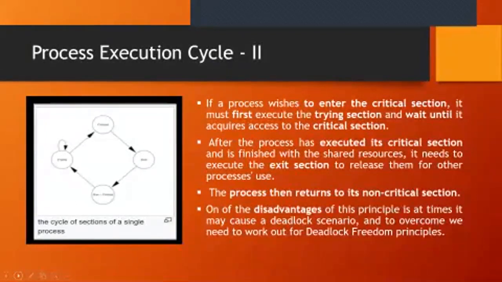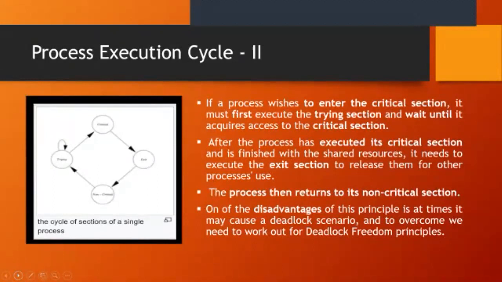One is the trying section, and it waits until it acquires access to the critical section. Unless and until the process goes to the critical section, it is executing in the trying section. After the process has executed its critical section and is finished with the shared resource, it needs to execute the exit section to release them for other processes. The process then returns to the non-critical section.